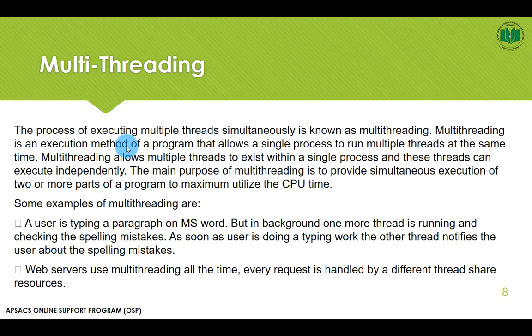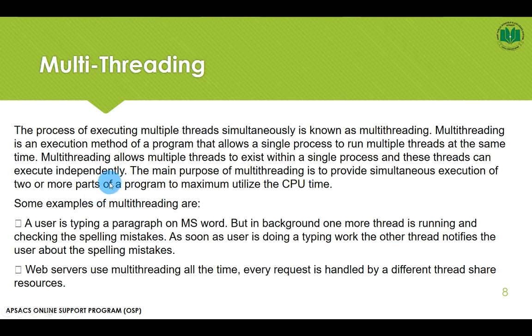Some examples of multithreading. This is a very simple example of MS Word. A user is typing a paragraph in MS Word, but in the background one more thread is running and checking for spelling mistakes. You have surely noticed that when we type anything wrong in our Word document, it notifies us in three ways. It will underline with a red line and say that there is a spelling mistake.